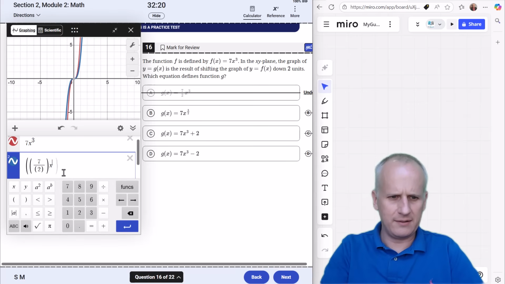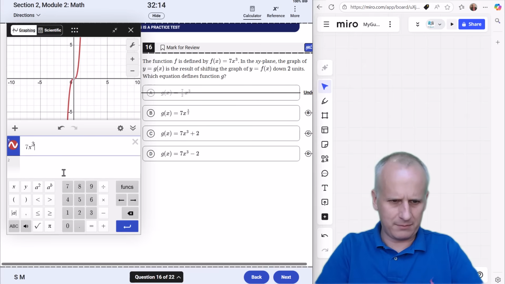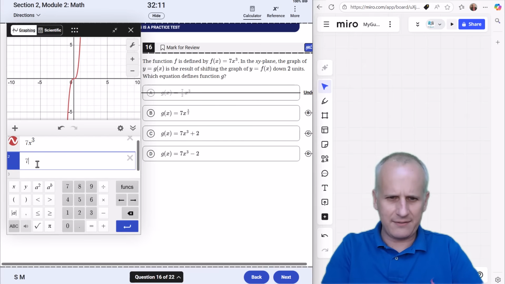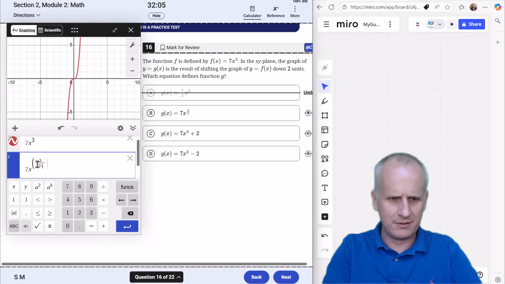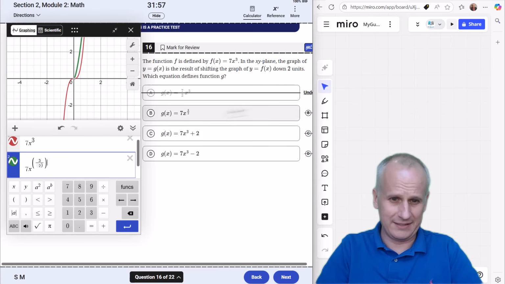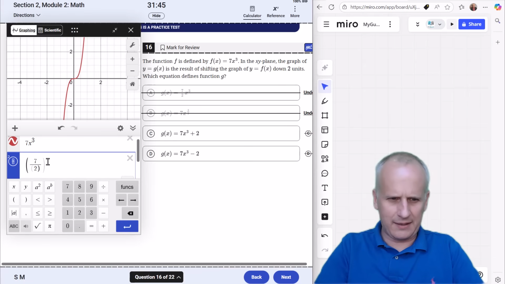Then if we did 7, and this time we had x raised to the 3 halves, now I can see that I've got a completely different green line here too, and you can zoom in a little bit to see that it's different, but it's certainly not B. If it were looking to shift it down 2 places, it's not shifting down. We saw with the previous one of 7 halves times x cubed, it wasn't shifting down, it's kind of like expanding out, if anything.